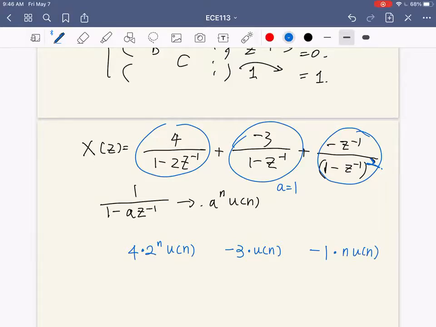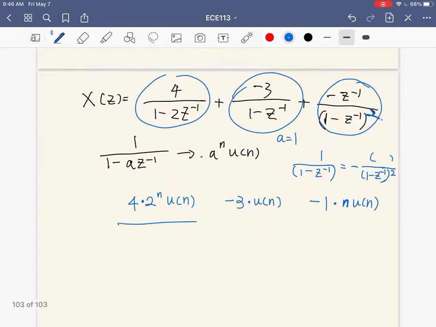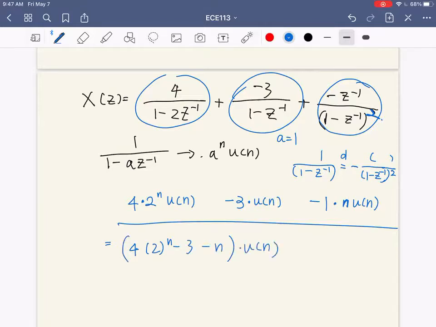So when you have an n multiplied in your time domain, you get a differentiation in your z domain. And you'll see the differentiation of 1 over z minus 1 will generate the square of it in the denominator, right? Okay, then we convert them together. We have this. Therefore, we get the result in our time domain.